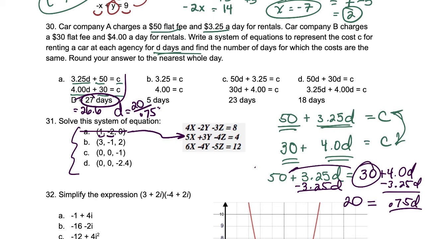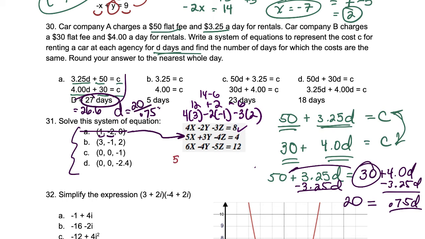3, -1, and 2. So here's the first equation. It would become 4 times 3, -2 times -1, minus 3 times 2. See here, this is 12 plus 2 minus 6. 14 minus 6 equals 8. Yep, it checks in the first one. Let's check it in the next one.